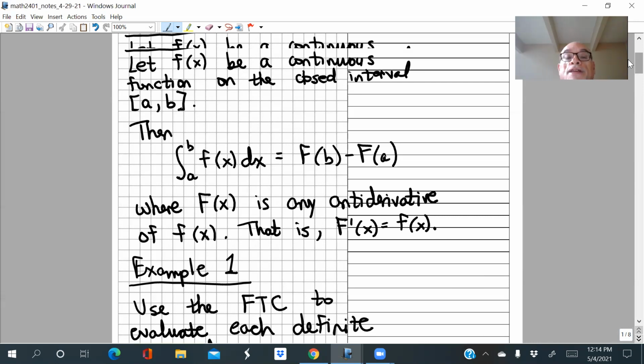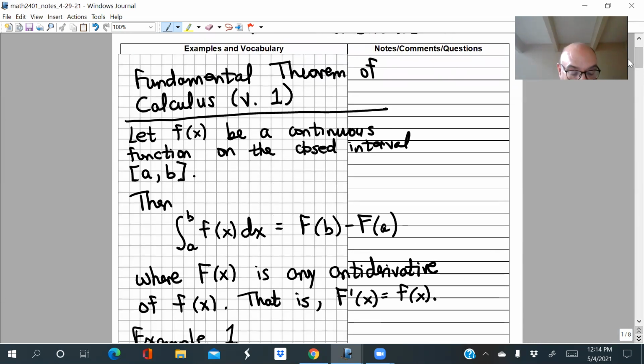This theorem is called the fundamental theorem of calculus. You can tell that's important because fundamental is the title. In some sense, this is really one of the key theorems of calculus.